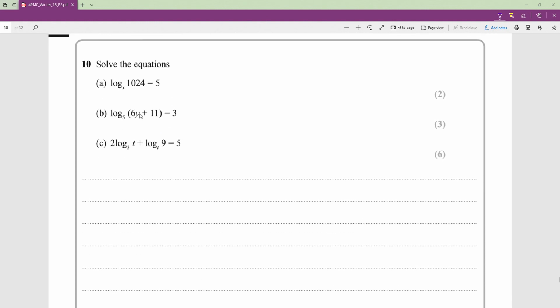So solve these log equations. Alright, question 10a, what can we have here? Log x of 10 to the 24 is 5. So ln 10 to the 24 over ln x is equal to 5.